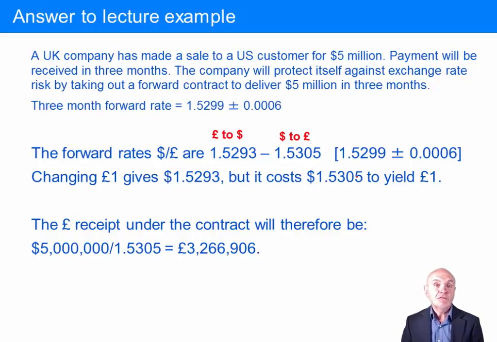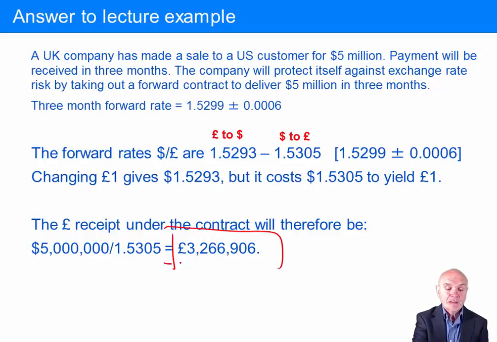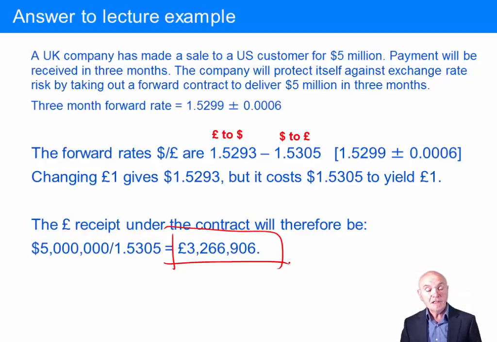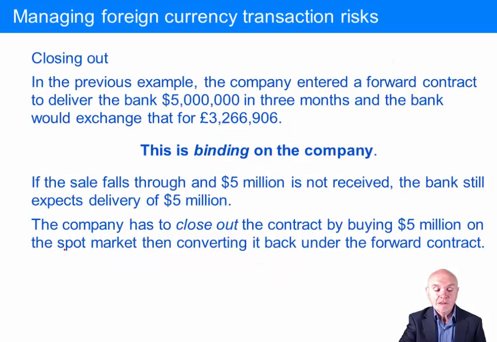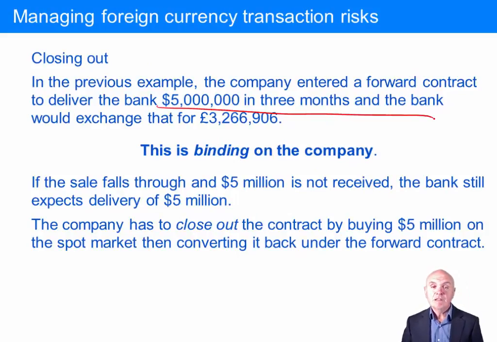We're going to get many fewer pounds than dollars. We're going to be dividing by that rate, and this is a sum which is nearly guaranteed. Again, it doesn't matter what the dollar pound rate does in those 3 months, we are guaranteed this rate, so it takes risk out of it. The only remaining risk is if that $5 million doesn't turn up. Something goes sour in the deal and falls through, the transaction is cancelled in some way, yet we've entered into this binding contract here.